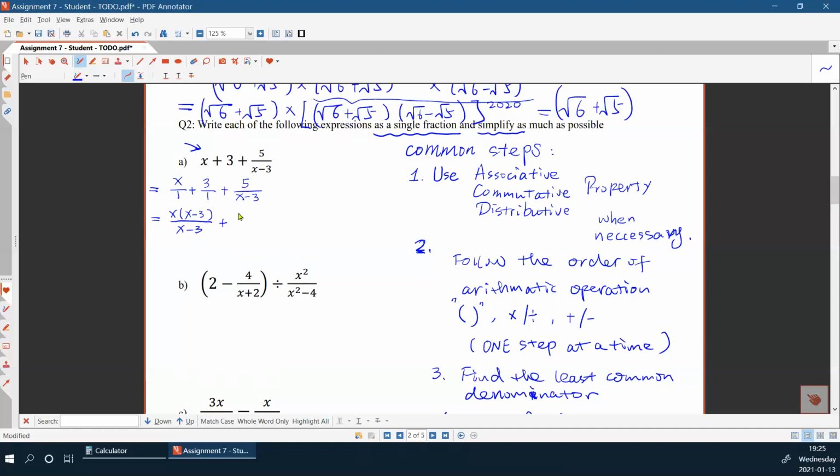The second term becomes 3 times (x minus 3) divided by x minus 3, right? Because when you multiply the same number to both the numerator and denominator, the ratio stays unchanged. Understand? Okay. Copy the last term here.